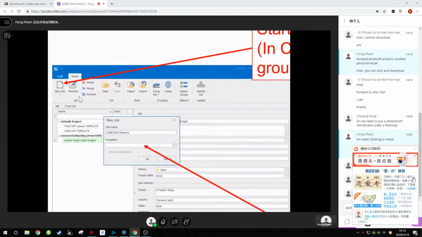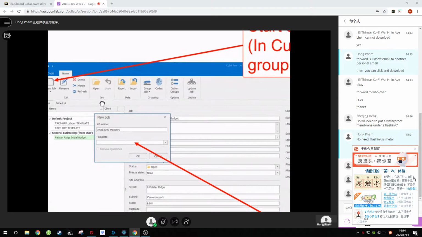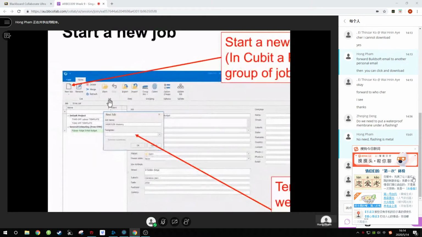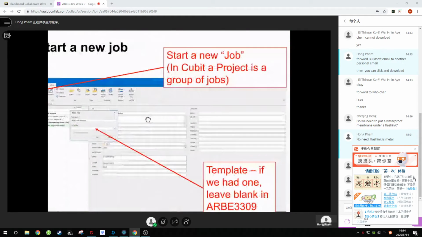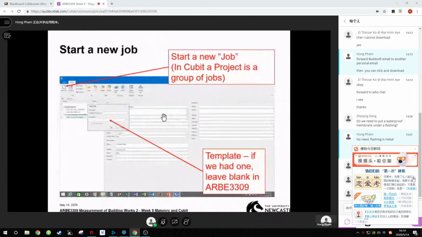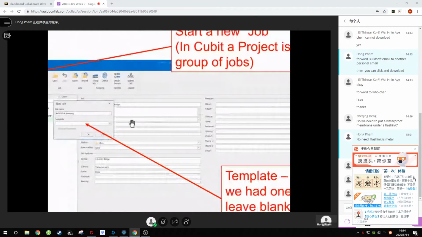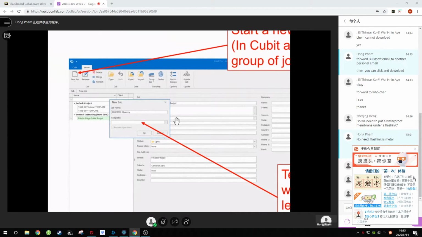On the later versions of Global, it's got up there beside the new job button a new project button. And a project is a group of jobs. So you might have, for instance, a school, and it might have 3 classroom blocks. You might call each classroom block a job, but they go into one project, or a hospital or something like that.